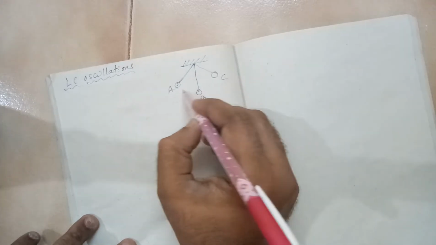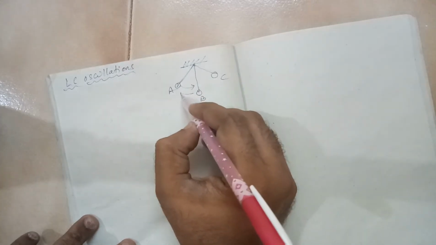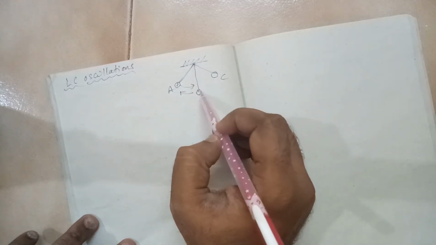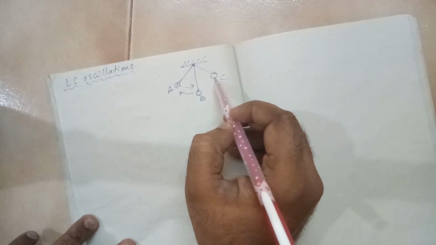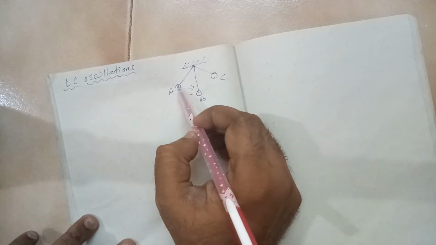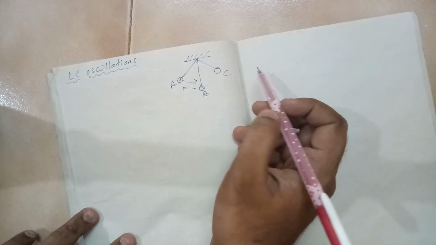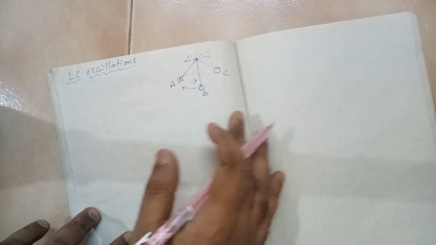It will go back and forth. It will start from A, come to B. Let us say this is the mean position. Go to C, come to B, come to A. This is oscillatory motion. So this is the phenomenon.